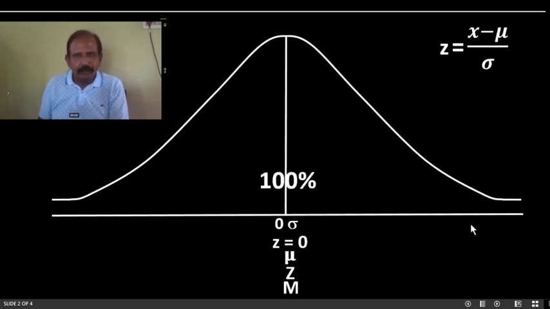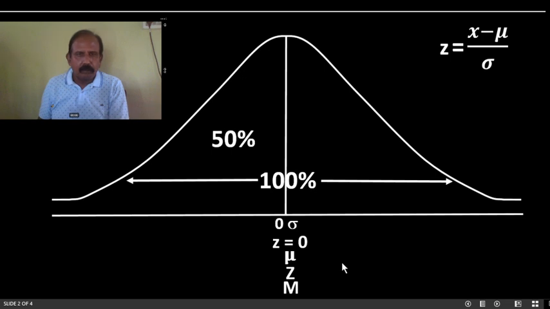Between the curve and the x-axis, 100% of the observations are lying. At the left side of that perpendicular line, 50% of the observations are found, whose values are less than the mean, and 50% of the observations are found at the right side, and the values of all these observations are more than the mean of that data set.